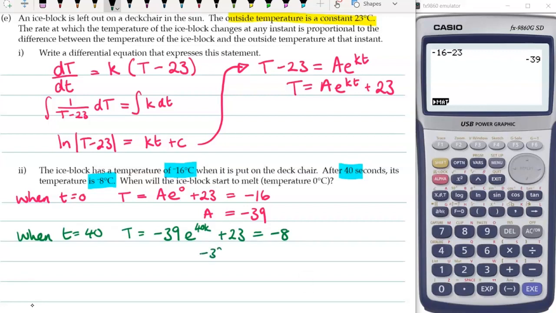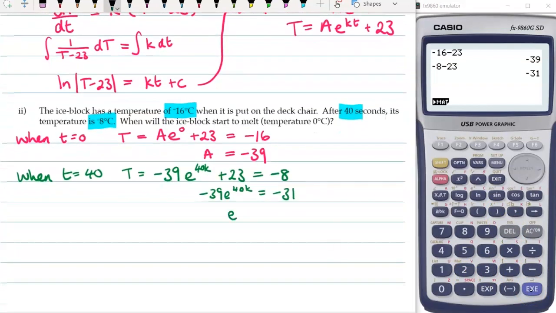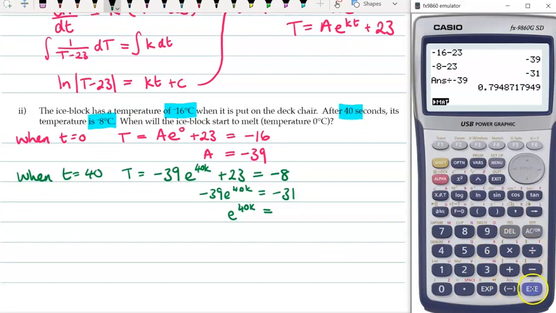So then minus 39 e to the 40k will be minus 8 minus 23, which is minus 31. e to the 40k will be minus 31 divided by minus 39.